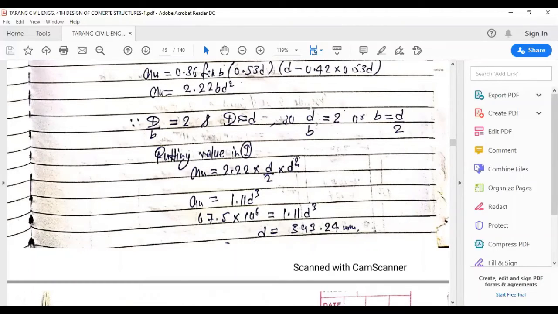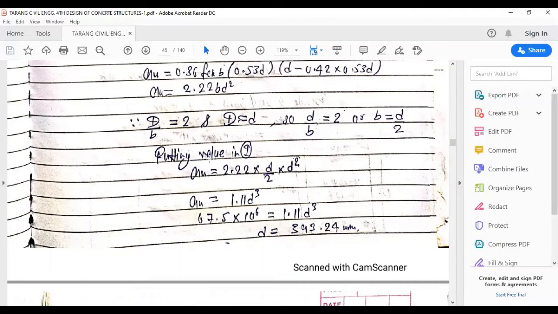So effective depth d upon b should also be almost equal to 2, or by transposing the values we can see b will be almost equal to d upon 2. So b is half of d.